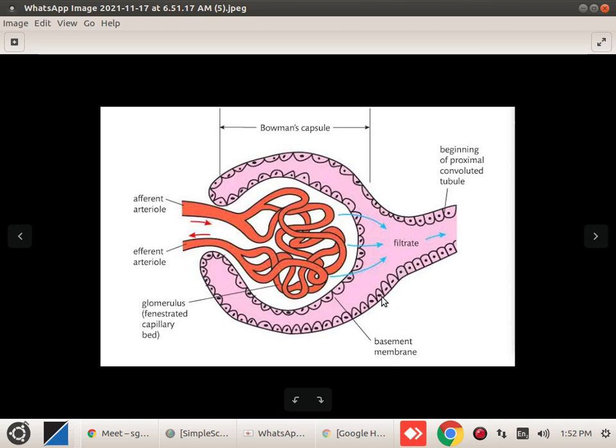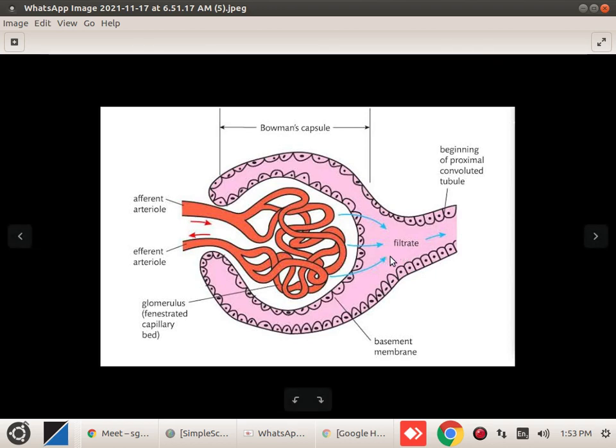This whole layer is epithelium. Then obviously some pores will be there in the Bowman's capsule, through which the filtrate gets formed inside this particular proximal convoluted tubule, PCT.